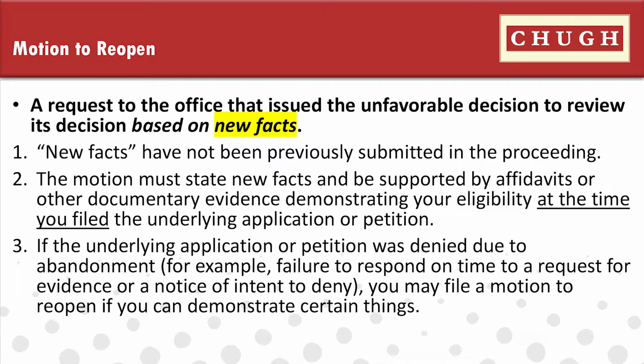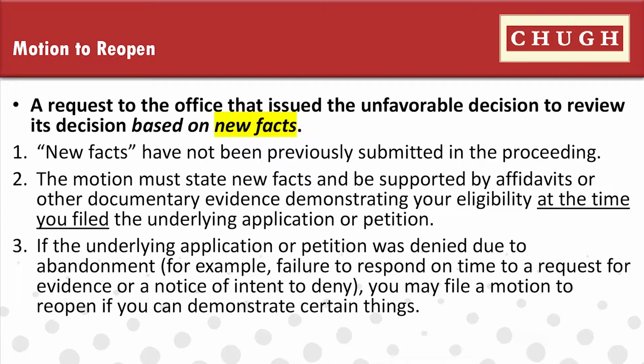If you are filing a response to an RFE or a notice of intent to deny, you can file a motion to reopen if you can show that the requested evidence was not material, or the required initial evidence was submitted with the application or petition, or the request for appearance or additional evidence was complied with during the allocated period, or the request for evidence was not sent to the address of record.